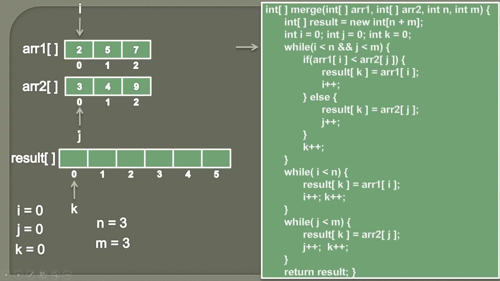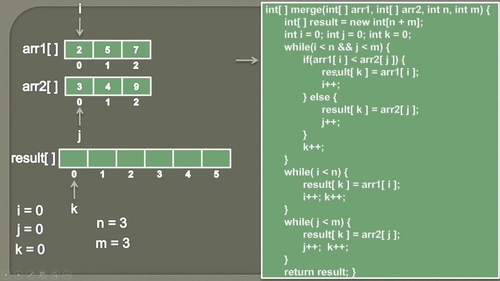So when either of these pointers exhausts its respective array, we'll simply exit this while loop, because there are no more elements left to be compared between these two arrays, as one array is already exhausted. So therefore we have provided these two conditions. At the start i is pointing to 0, j is also pointing to 0, i is less than 3 and j is also less than 3. So therefore this while loop condition comes out to be true.